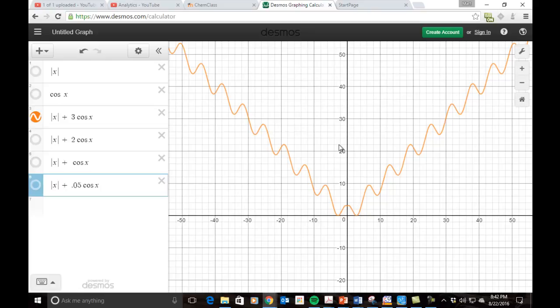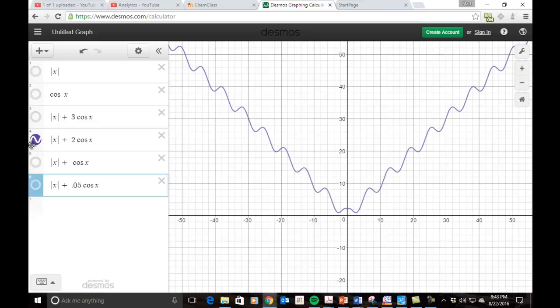Now, let me change the coefficient of the cosine of x from 3 down to 2. And now I'm going to turn off the preceding function. This gives us the function absolute value of x plus 2 cosine x. And the graph is similar to what we just saw, although we might say that it looks a little bit less like the cosine function than it did before, definitely less.